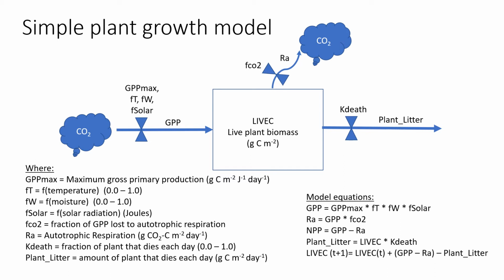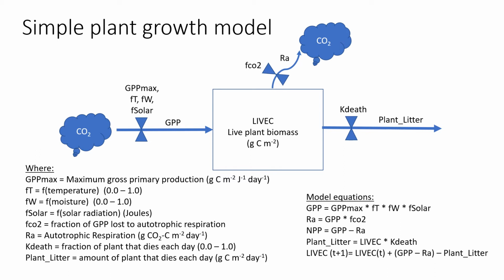So you can develop model equations from this simple diagram. The GPP is the maximum rate times the 0 to 1 multiplier of temperature times the 0 to 1 multiplier of soil moisture times the solar radiation function. The autotrophic respiration is a fraction of GPP.